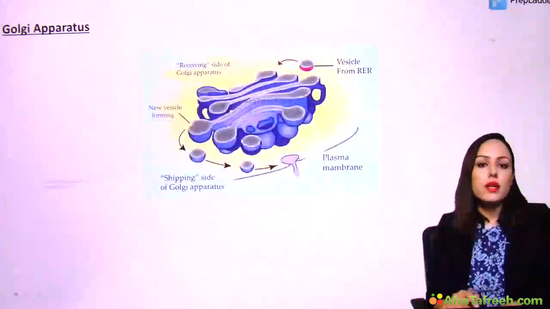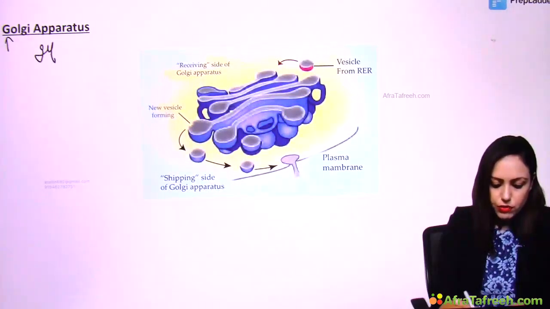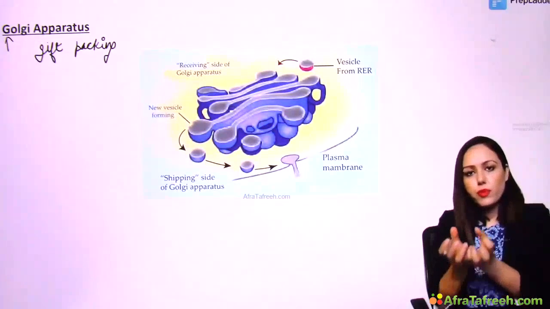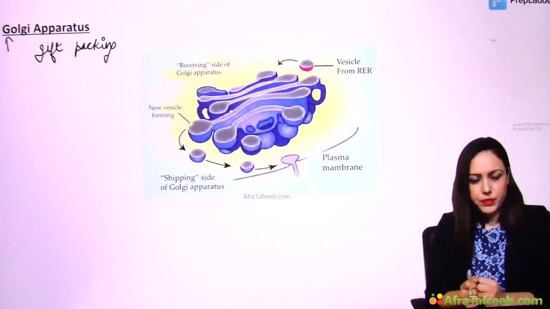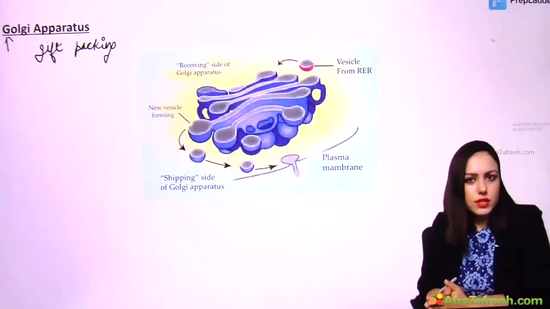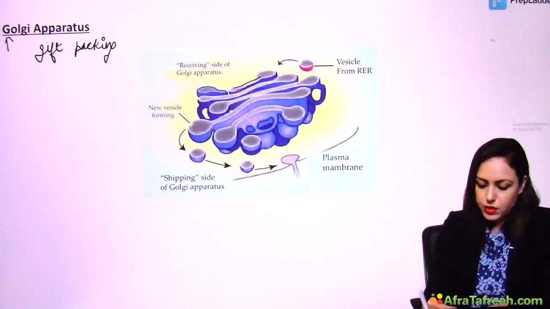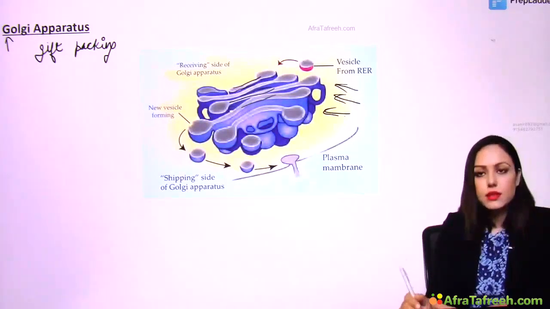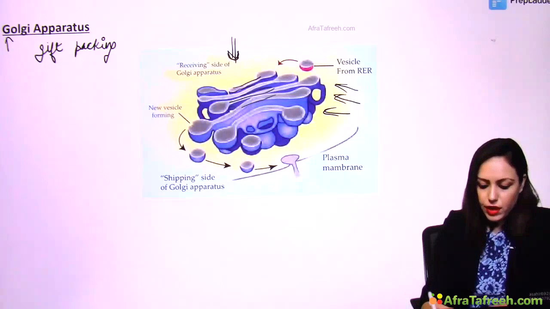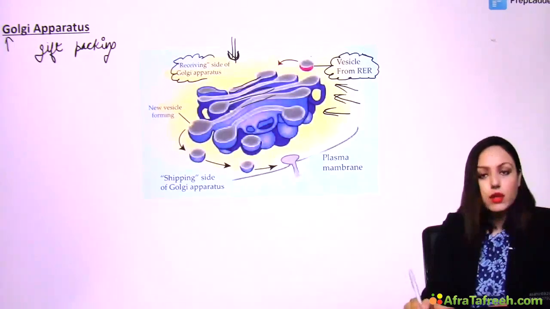Now the last organelle, that is Golgi apparatus. Golgi, G for Golgi, G for gift packing. This organelle receives the proteins from the rough endoplasmic reticulum and will do the packaging of those proteins which are to be released out of the cell. So, see the diagram. These are also membranous sacs. This side is the receiving end of Golgi apparatus, which is receiving protein containing vesicles from rough endoplasmic reticulum.